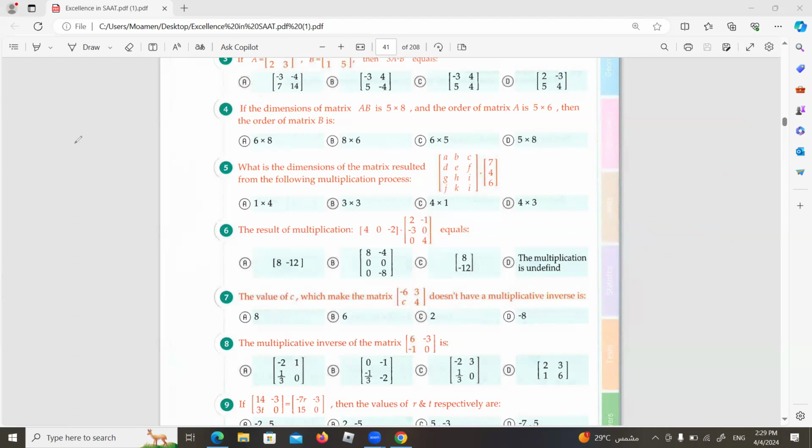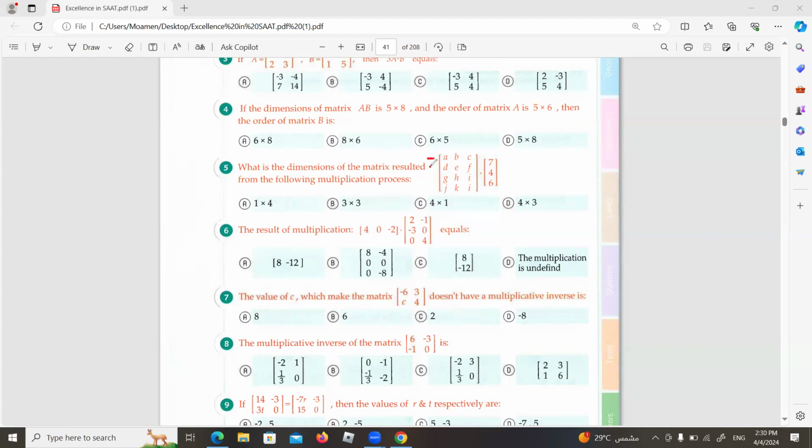We're going to number 5. What are the dimensions of the matrix resulting from the following multiplication process? We have two matrices, and we need to multiply. So the first step, we get the order of the first and the order of the second to know whether we can multiply or not. Of course, he gave me the order for the first, second, third, and fourth choices, so we can multiply, but we'll just check.